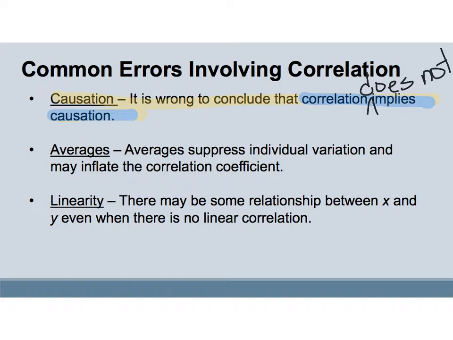A good example of that is smoking and lung cancer. Once upon a time, somebody noticed a strong correlation between people who smoked and people who got lung cancer. But they didn't immediately go off to the presses and say, hey, smoking causes lung cancer.